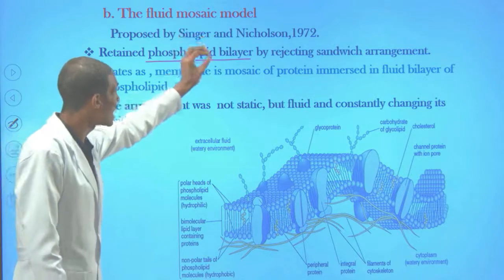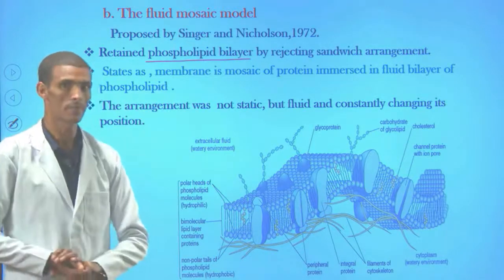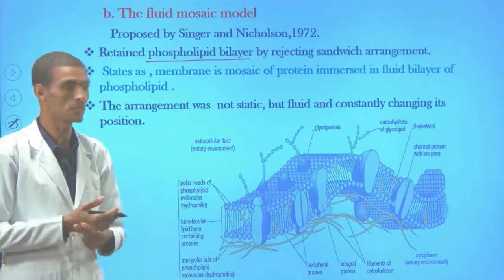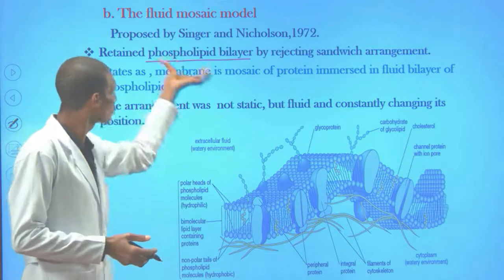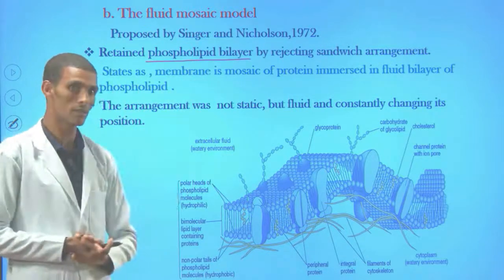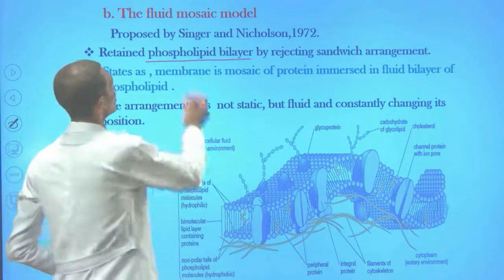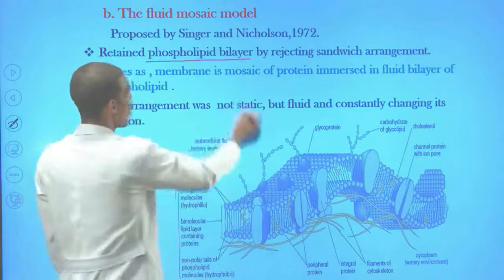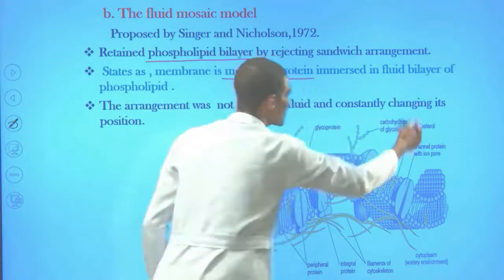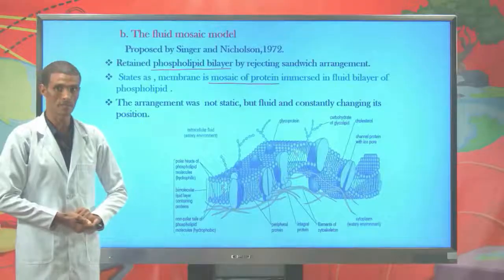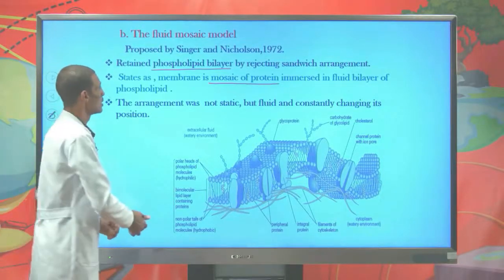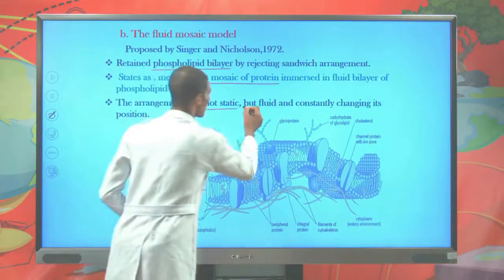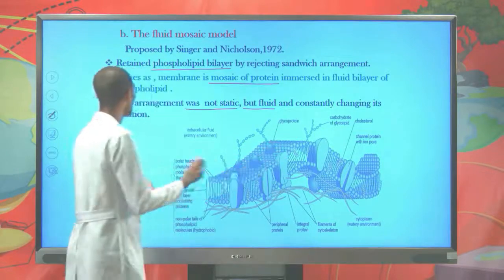As phospholipid is an important component of the plasma membrane, they changed the arrangement from a sandwich to a bilayer formation. They assumed there is protein and lipid in the plasma membrane, but the arrangement is different: a mosaic of protein is immersed in a fluid bilayer of phospholipid. The arrangement is not static but dynamic, fluid, constantly changing its position.